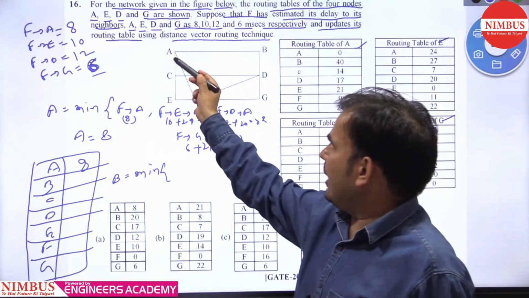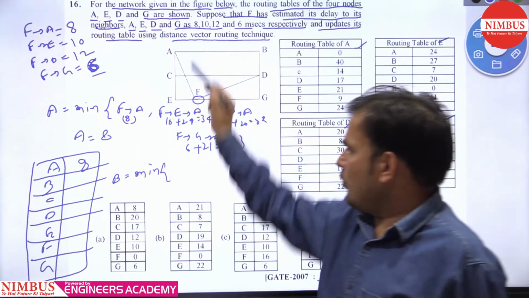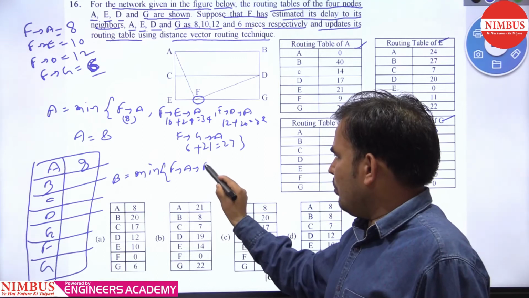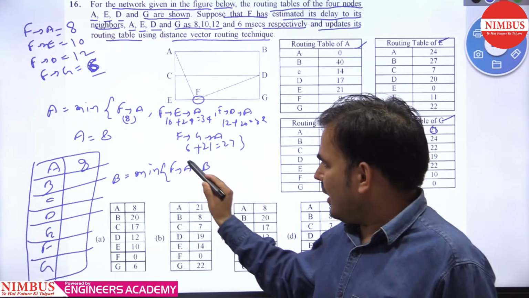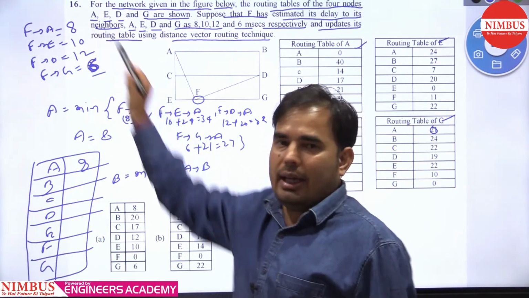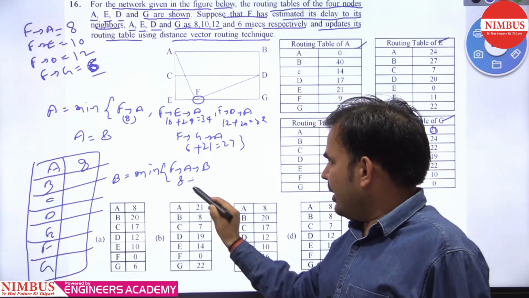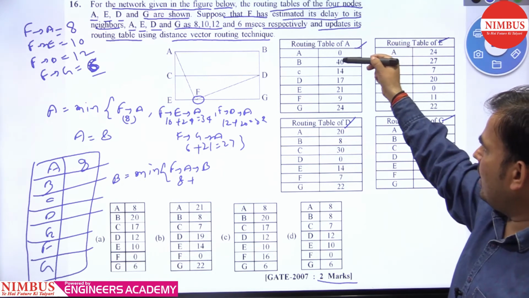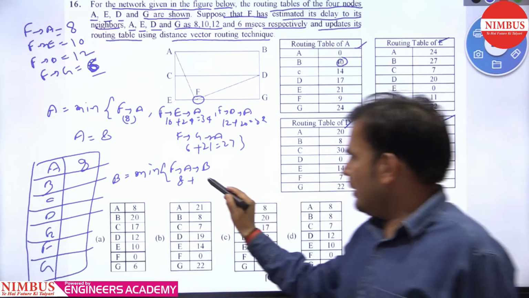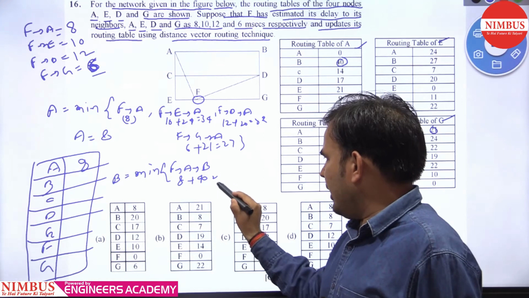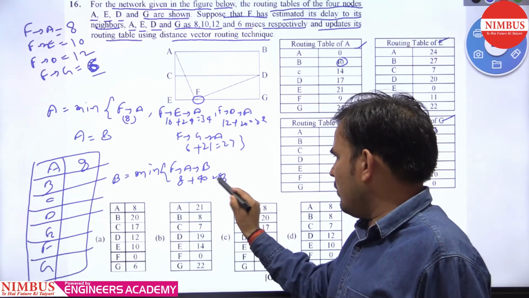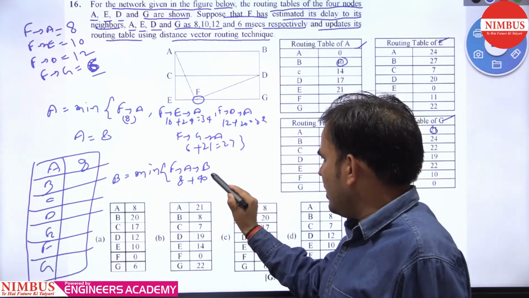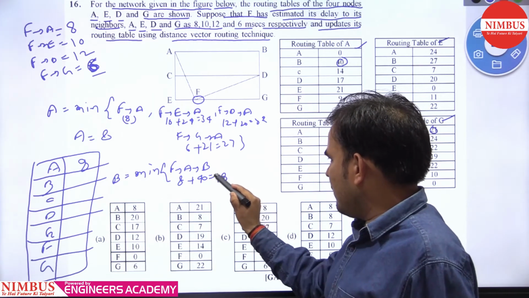F to A, then you can go A to B. The estimated delay F to A is 8, plus A to B, which in the routing table of A is 40. Then the total is 48.